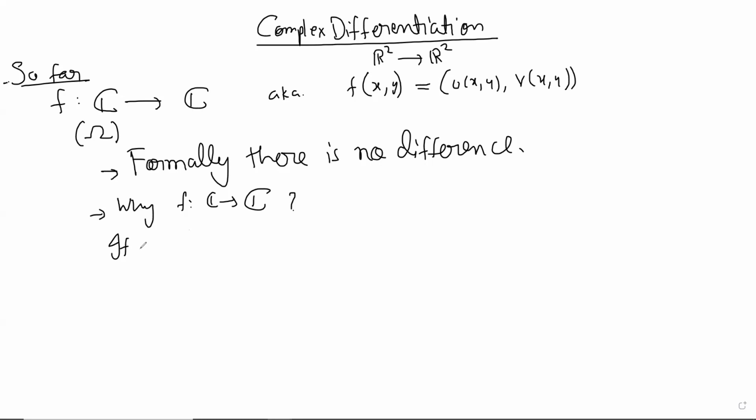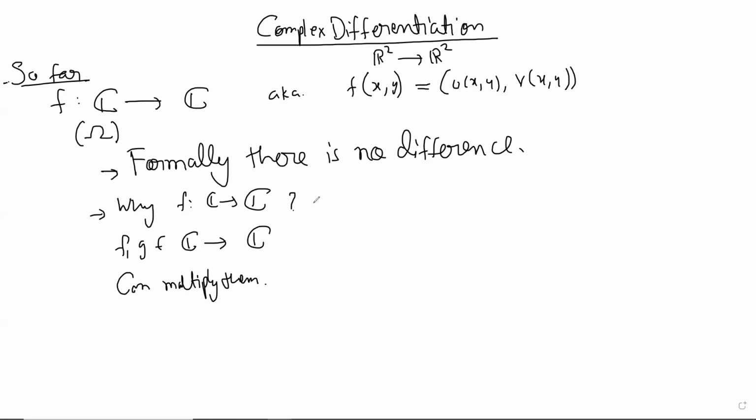Complex numbers have multiplication. So if you look at two functions f and g, which are functions from C to C, right? Then you can multiply them. You can do more operations, and so on.